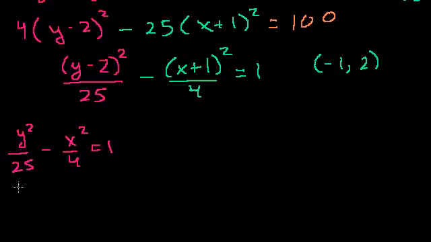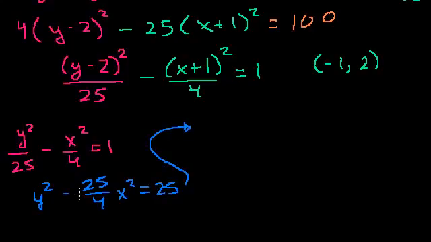Let's multiply both sides by 25. Then you get y squared minus 25 over 4x squared is equal to 25. And then if I add 25 over 4x squared to both sides, I get y squared is equal to 25 over 4x squared plus 25.